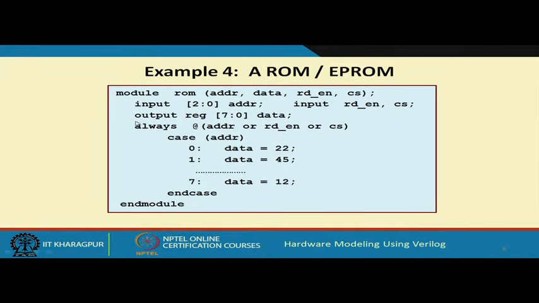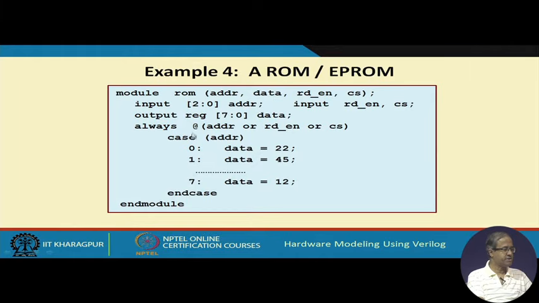So, you see here there is an always block, this is activated when either address or a signal called read enable, because from a ROM you can only read, you cannot write, or chip select changes. So, when any of these are active, then you start the reading. There is a case ADDR, the address can be 0, 1 up to 7, and you have stored some fixed data inside.